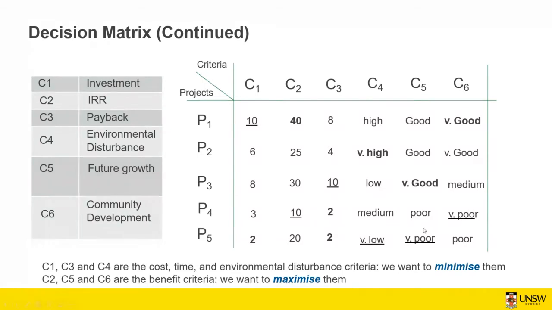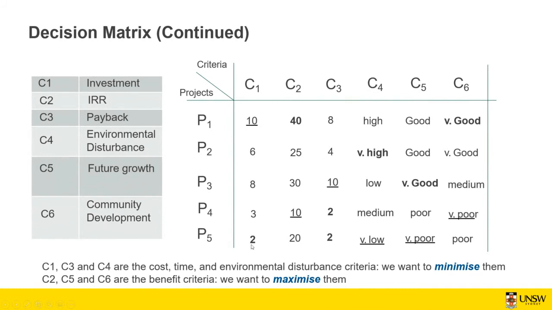If you look at this table, you can see that for the first criterion, C1, you have different numbers for different projects. The highest number is 10 and the lowest number is 2.